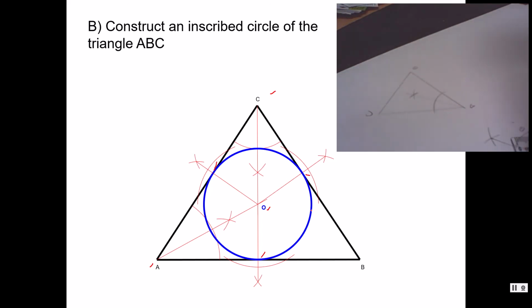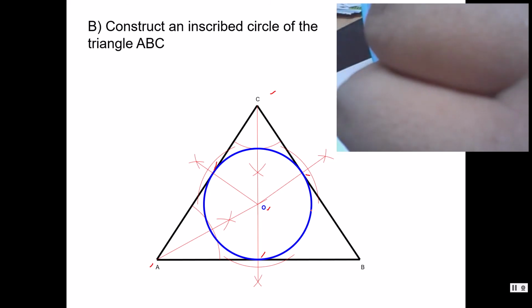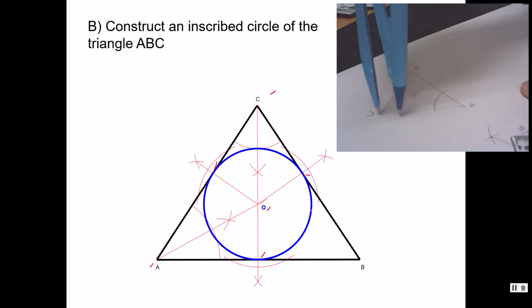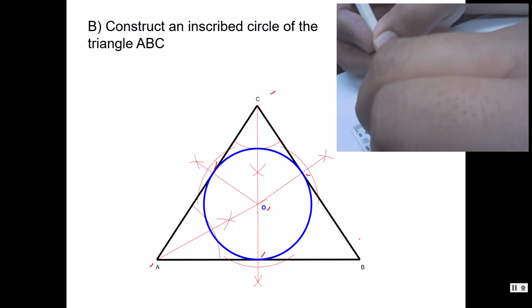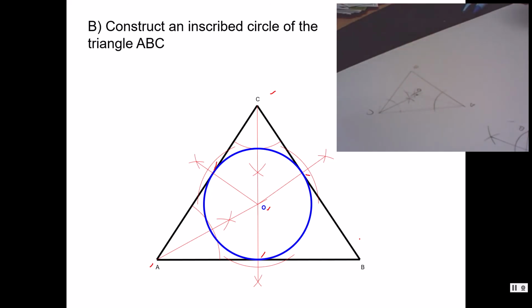And then from point C also you can draw a circle to get the bisecting line. Okay, so this is the bisecting line. Okay, so this is the point O, which is the center point of the circle.